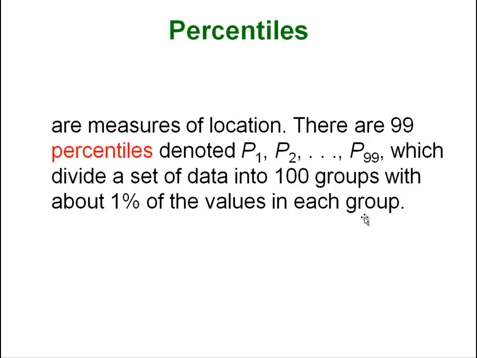But let's say you take a quiz in a statistics class and you have a score of 80 on that test. Well, 80 is your score. You can think of that as the x value that's in this set of data. And let's say there are 40 people in the class. That's your n.